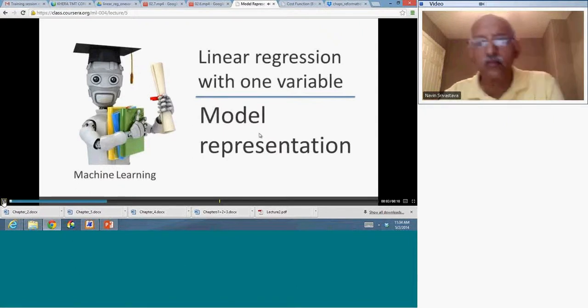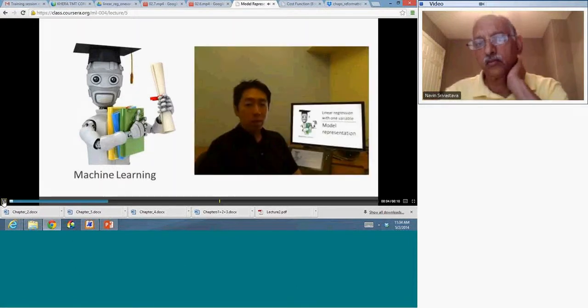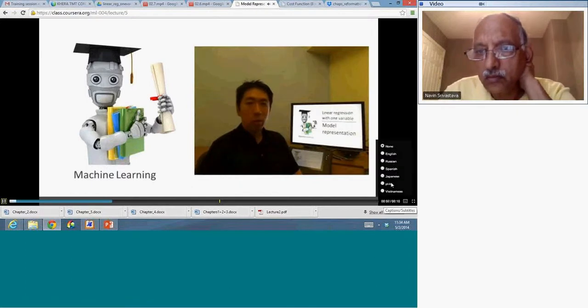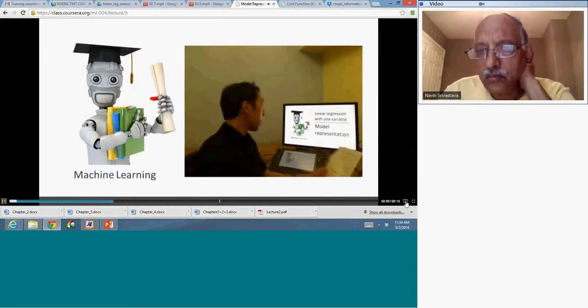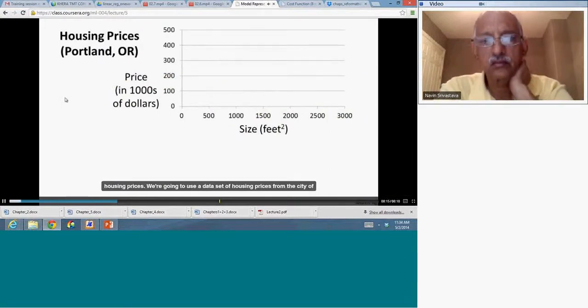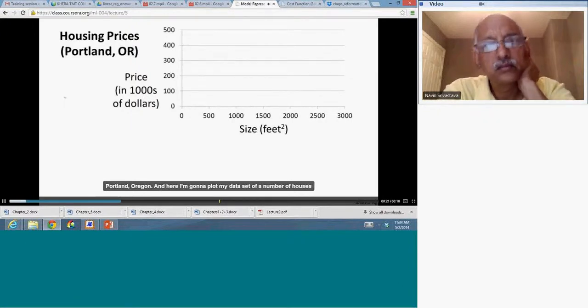More importantly, you also see what the overall cost to find. Example of the different prices. We're going to use a data set of house prices from the city of Portland, Oregon.